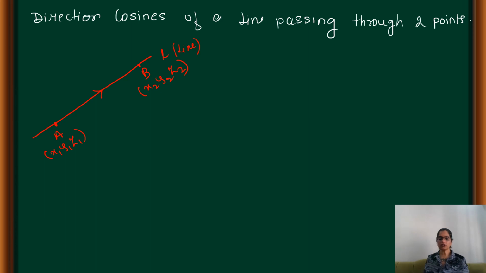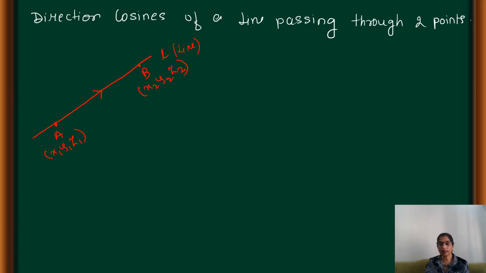Now, this is a line L which is passing through 2 points. That means what will be the direction ratios of this line? If this is a directed line, we have given an arrow here. We have said in the beginning that if it is a directed line, this line is as good as a vector, because it is going in a particular direction, and that is why this line is going to act for us like a vector.